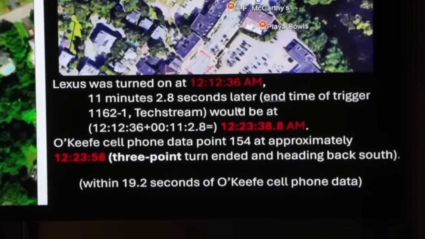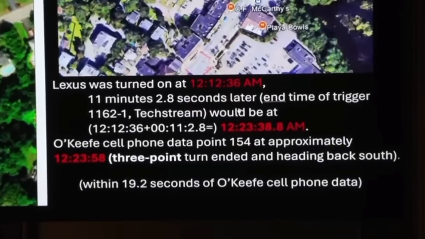So if you add the 12:12:36 to, for example, 11 minutes, 2.8 seconds for when the end of the trigger is, that gives you 12:23:38. So the end of the trigger in real world time, no longer in the running clock, is now 12:23:38.